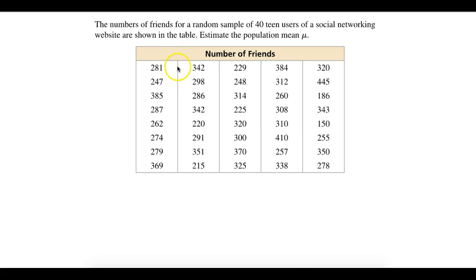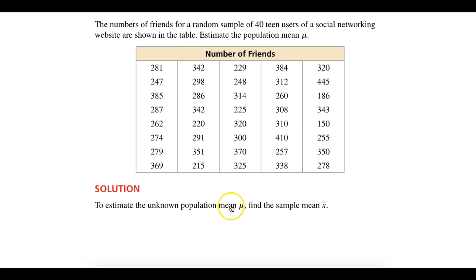So here are 40 users, and listed here are the number of friends for those users. Now, if you remember, to get the mean, all we do is we're going to find the mean of this sample. Now, the mean, we use mu to represent the mean. And for the sample mean, we're going to use x with this bar on top of it.